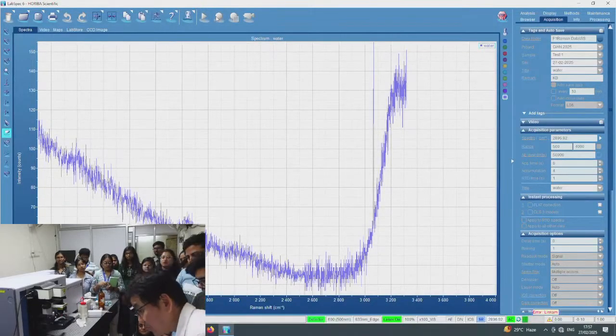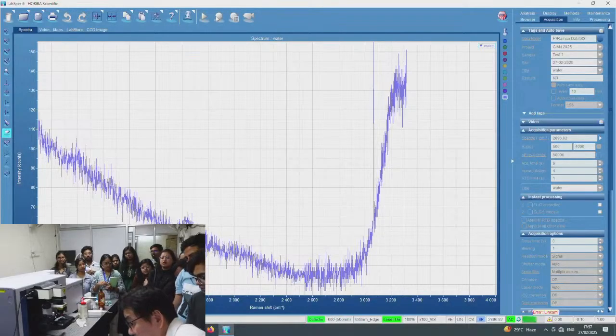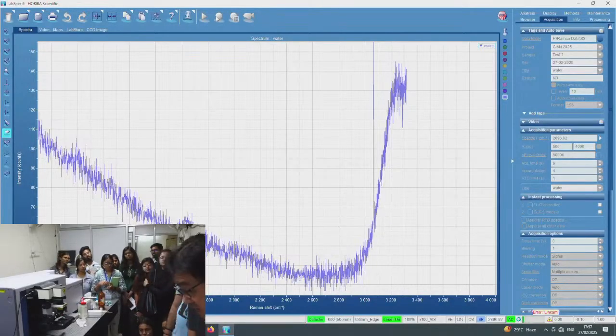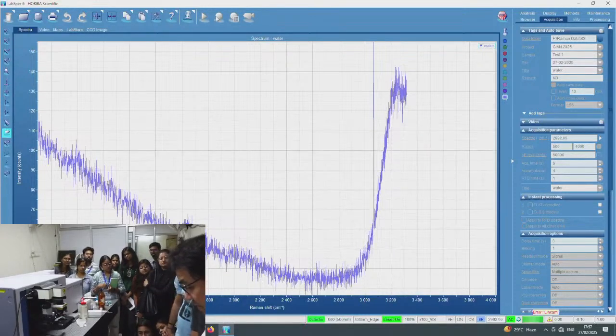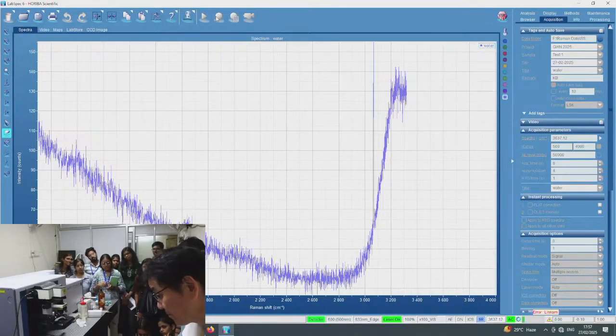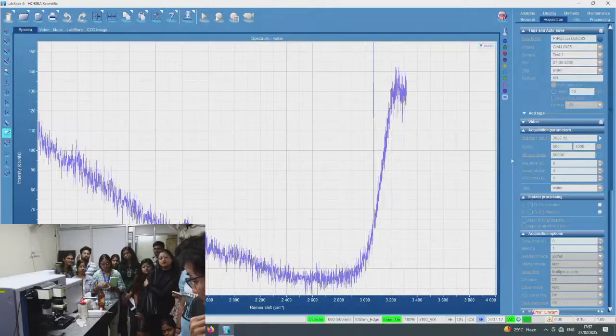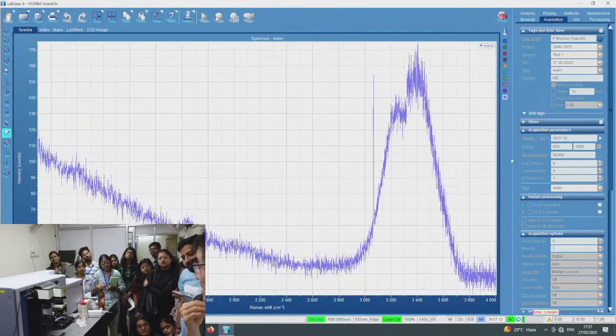Okay, now the exposure time is 6 seconds for each scan, and 4 spectra are averaged. And this is OH bending. This is OH stretching. You may remember yesterday's FTIR measurement.